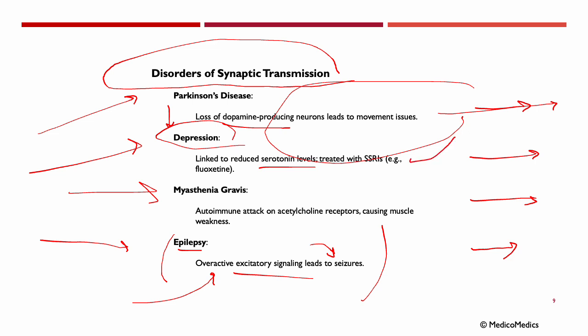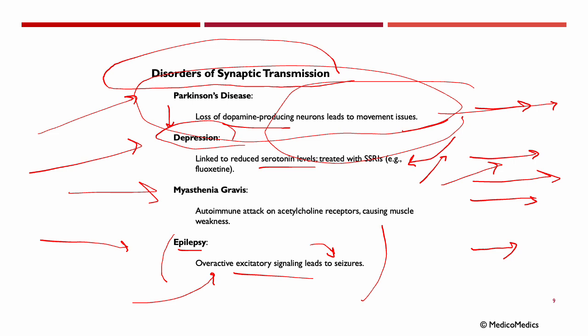We approach it by inhibiting the uptake, increasing availability, increasing likelihood of firing. In the case of Parkinson's, we can't give dopamine, so we give levodopa. We know that it enters into the brain where it's converted into dopamine, helping us with this movement issue or with these motor symptoms. Another one, myasthenia gravis.